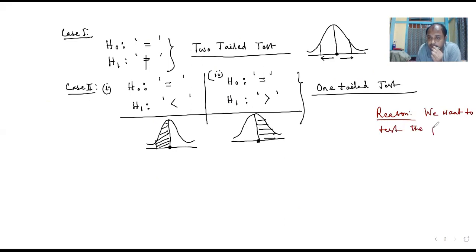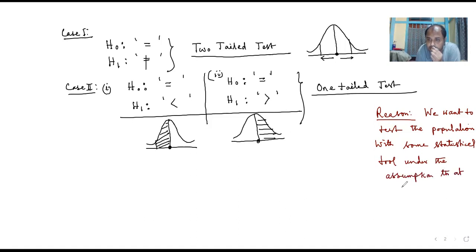the population with some statistical tool under the assumption that H0 is true.